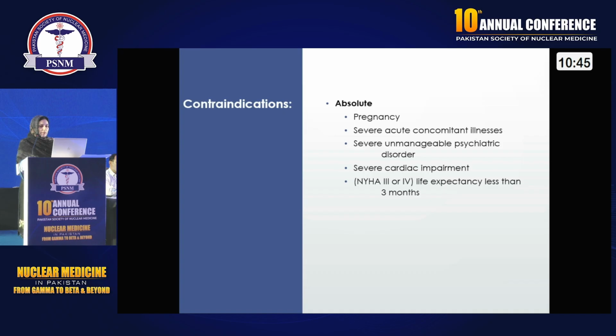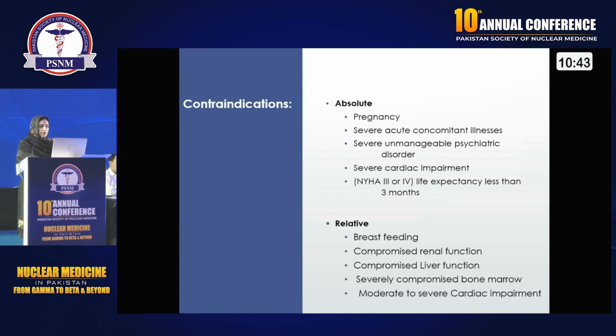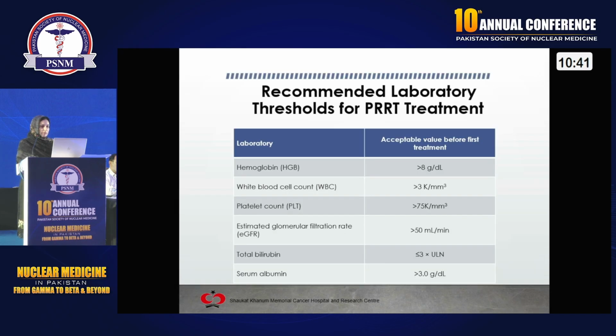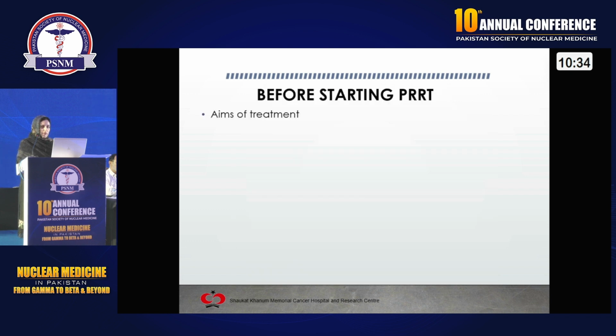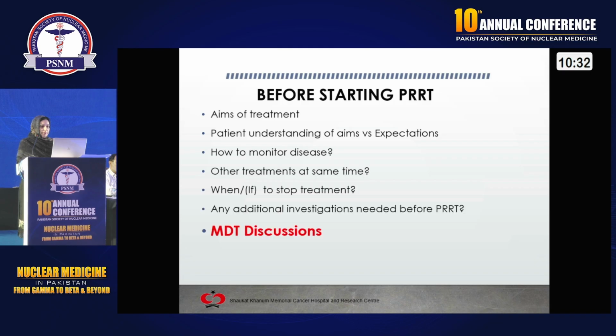There are some contraindications, absolute and relative. Then there are recommended lab thresholds for PRRT. I'm sure most of you are aware of them. When we want to start the treatment, the most important thing is to address the patients' and team's expectations.